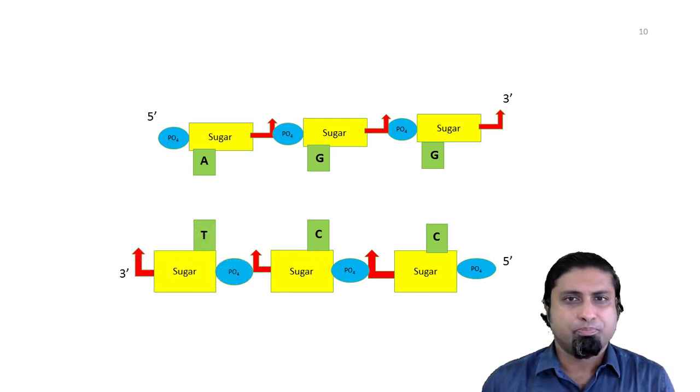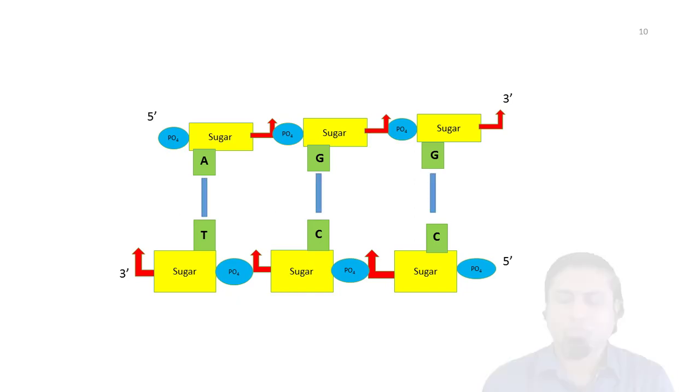Now we know, as per the base pairing principle, adenine should pair with thymine and guanine should pair with cytosine. And that's exactly how it happens. So this is a very rudimentary discussion regarding how purines and the nitrogenous bases are involved in the synthesis of nucleic acids.